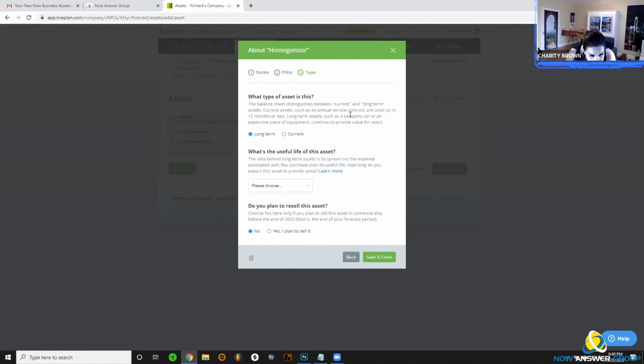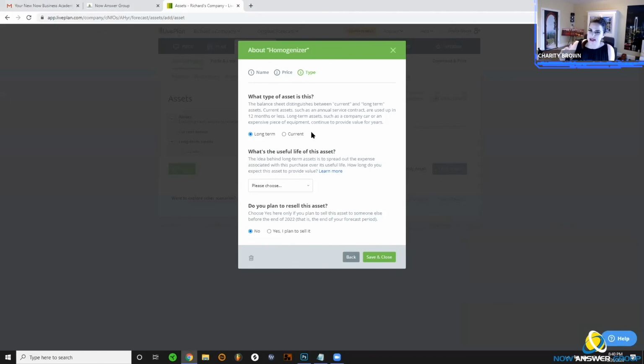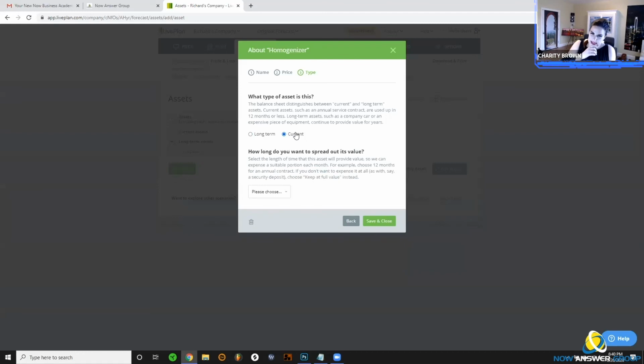So what type of asset is this? I would say that's current for sure, because anything under $10,000 is usually just a current asset. A long-term asset would be like land, a building, things like that. How long do you want to spread out its value?